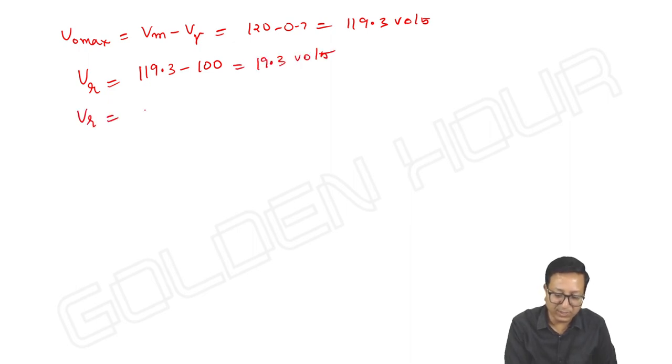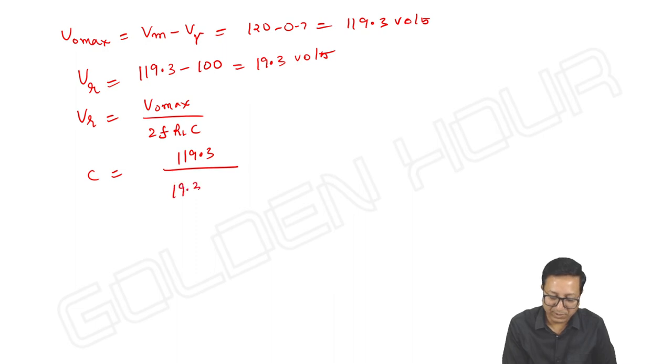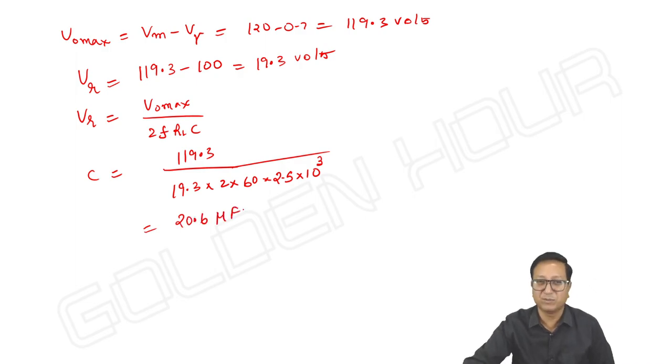So Vr is equal to V output maximum by 2FRL into C. So C is equal to output maximum 119.3 by Vr, 19.3 into 2 into F is 60 into RL, it is 2.5 kilo ohms. Then you may get some 20.6 microfarad. That is the only difference.